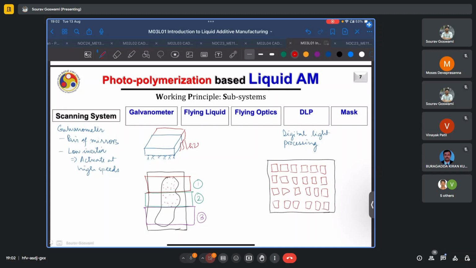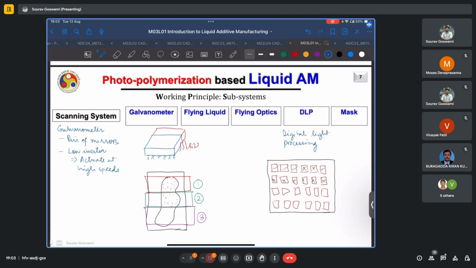And just like dividing your region of interest into pixels, you divide this entire mirror into these tiny micro mirrors. You actuate them using, say, electrical coils. And depending on which mirrors are activated and which mirrors are still in an off state, the region corresponding to these mirrors will get illuminated and cured.